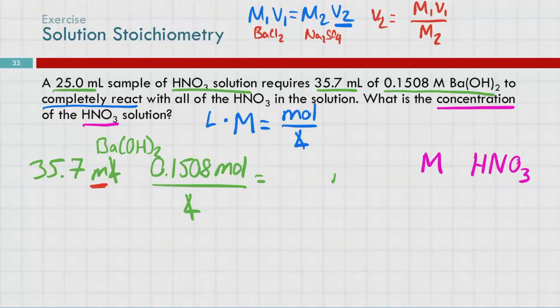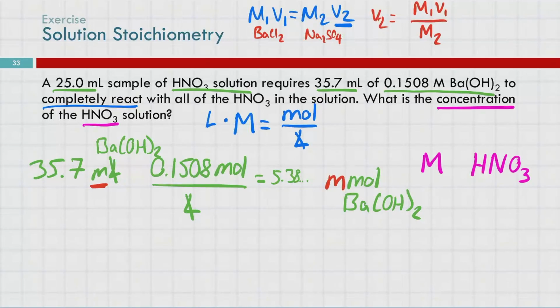So what we're getting out here is, let me put that in red, millimoles Ba(OH)2. 35.7 times our concentration, 5.38 millimoles of barium hydroxide.